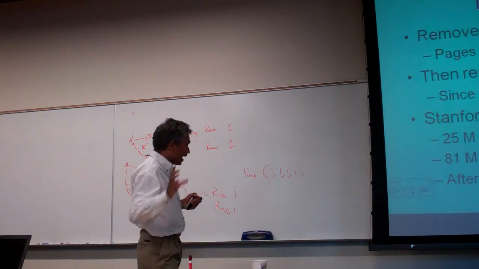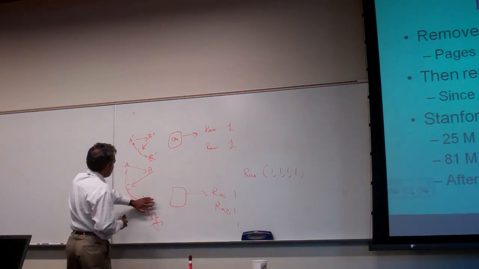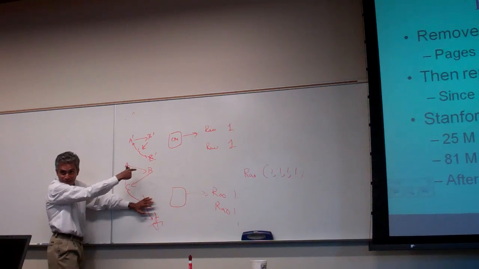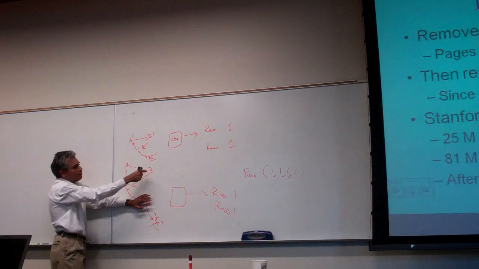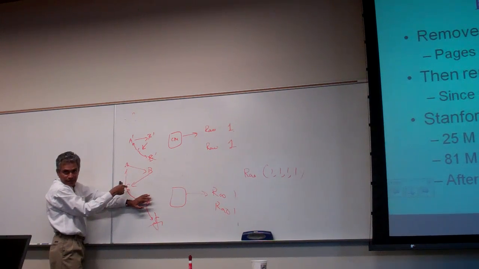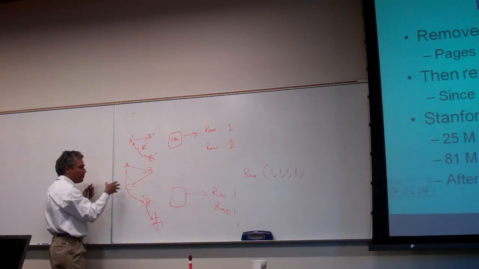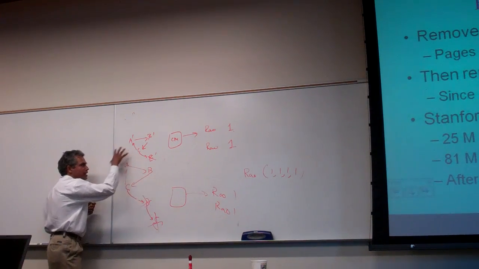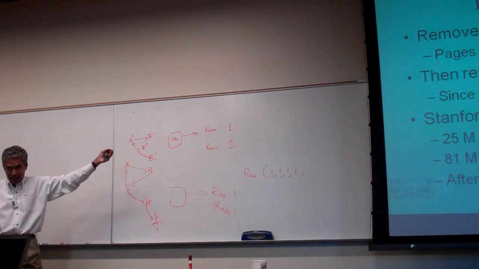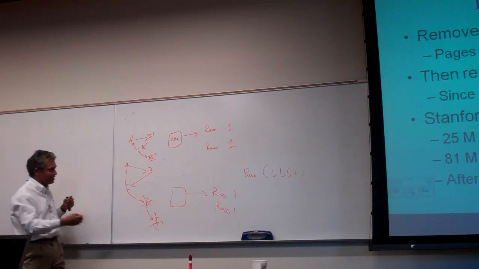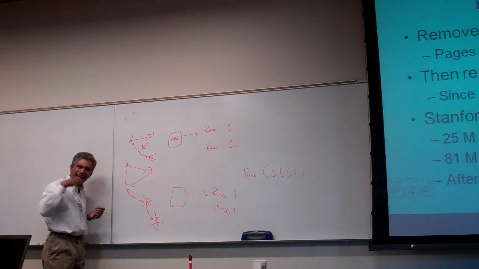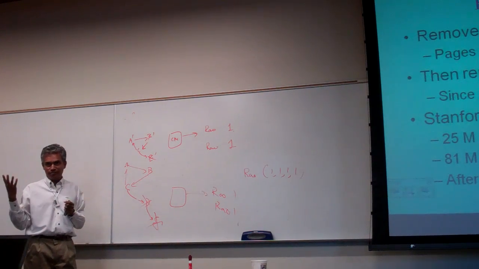However, what you can do essentially is remove them and compute PageRank on this. If you compute PageRank on this, you'll get 1/3, 1/3, 1/3. And then I can assume that if, after I remove these nodes, the remaining graph is large enough, then adding a few nodes back should not change the graph too much.